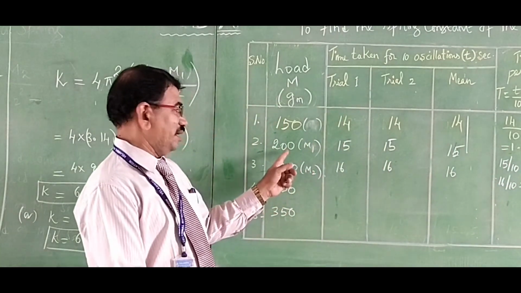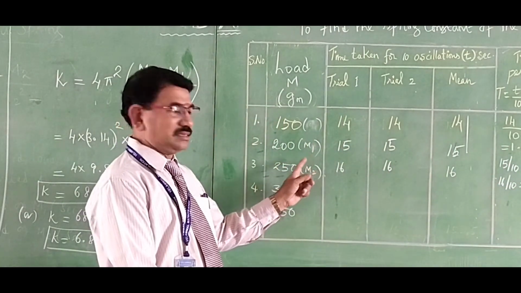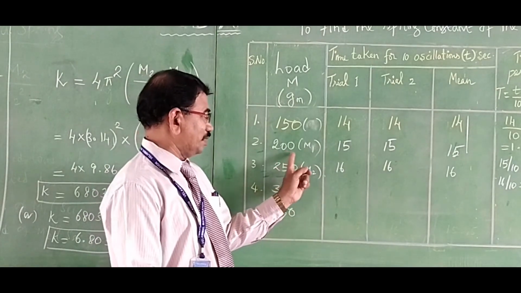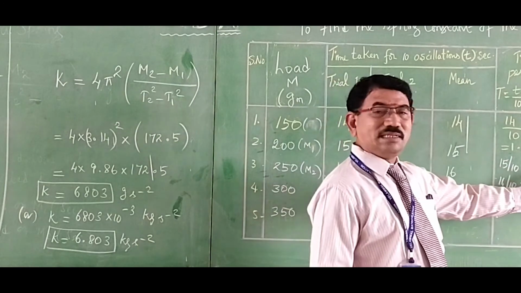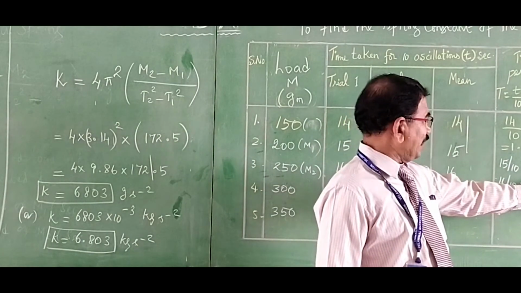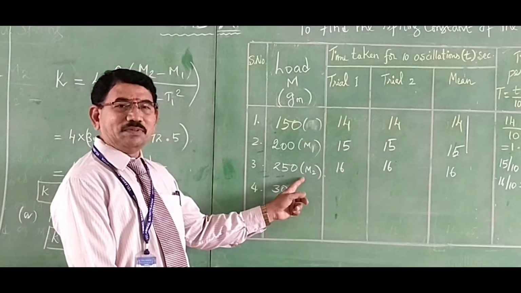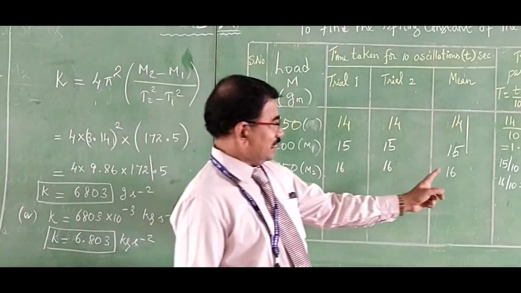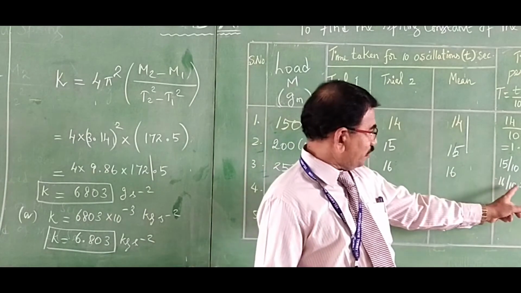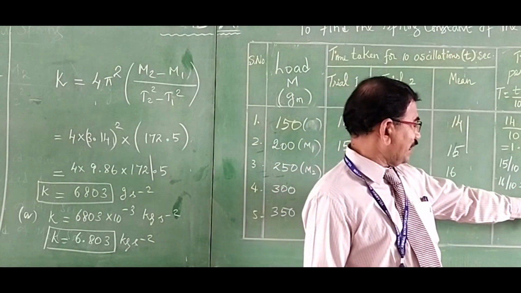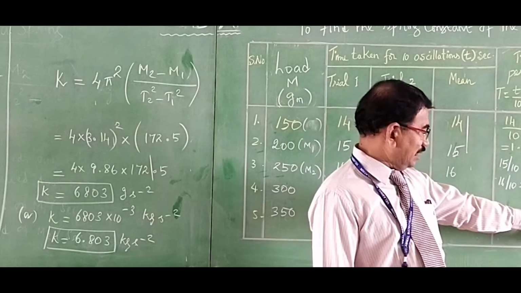If I take 200 gram as M1, then 250 gram load is taken as M2. Corresponding to M1, 200 gram, T1 square is obtained as 2.25. In the second load, M2 is 250 gram, the time period calculated is 16 by 10, which is 1.6, and the square gives 2.56 as the T2 square value.